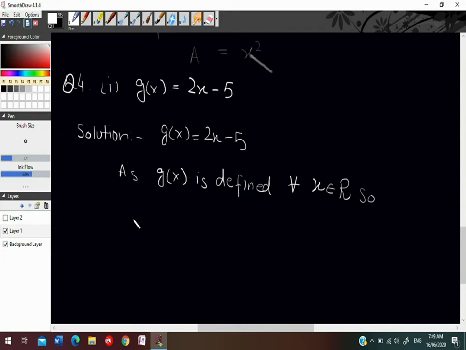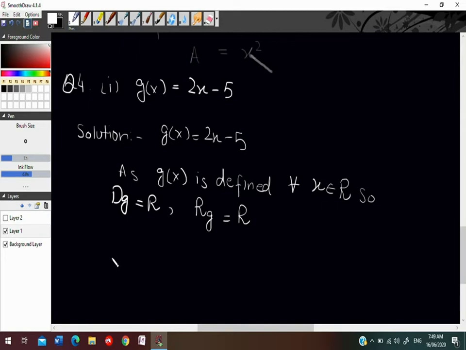So our domain and range are both real numbers. The domain of this function g is the real numbers, and the range of this function g is also the real numbers. For plotting its graph, we have to take some values from these real numbers.